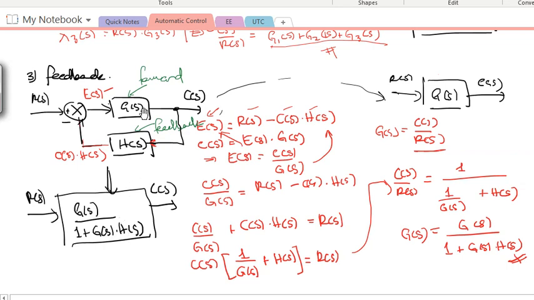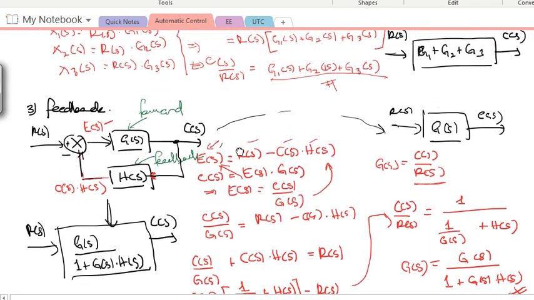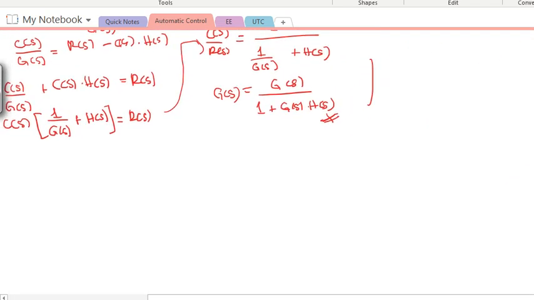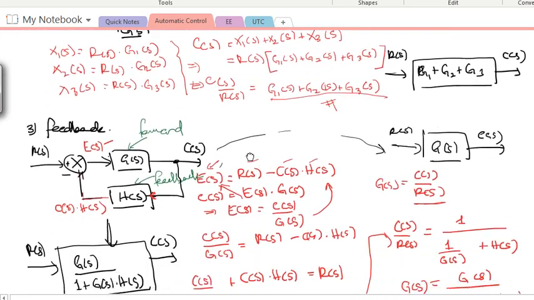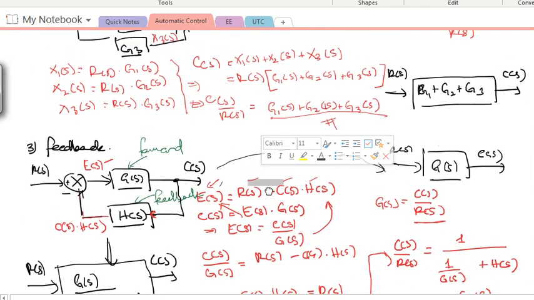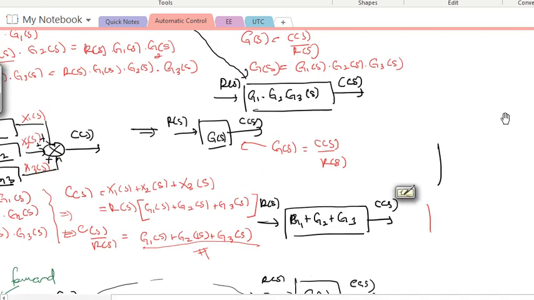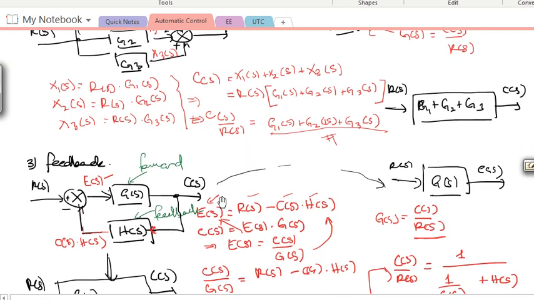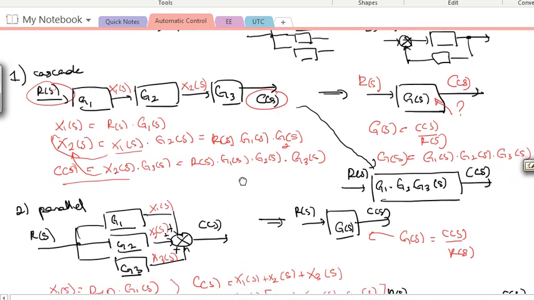So now you have the simplification of the three arrangements of transfer functions.